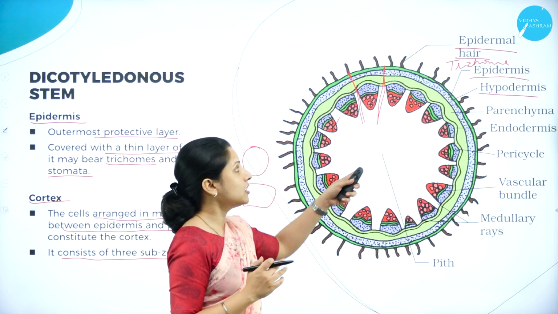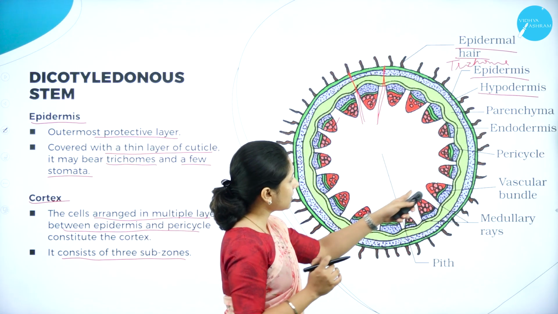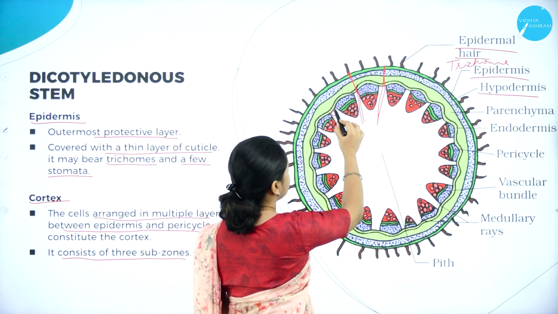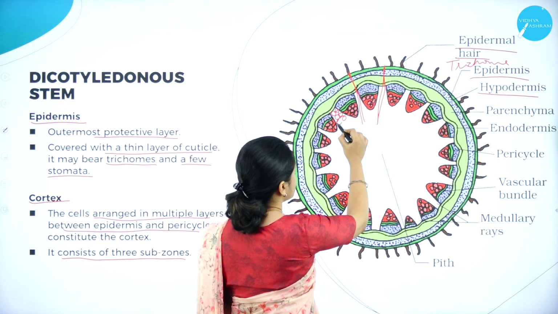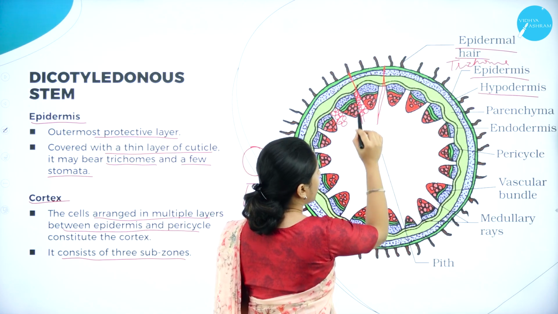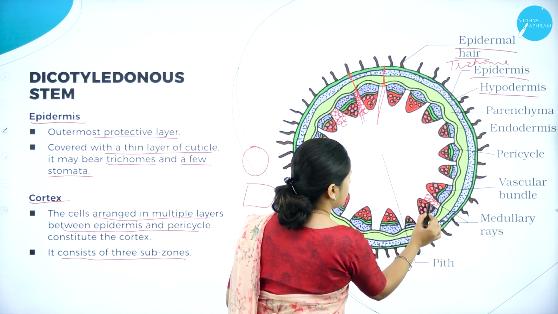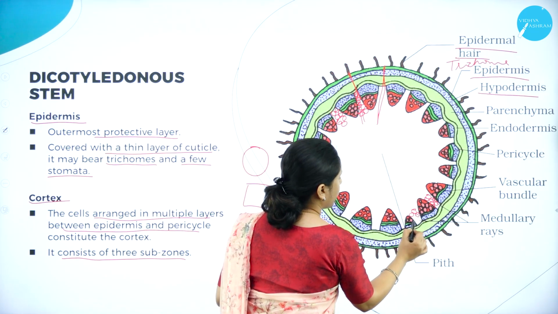You can see they are arranged in the form of a ring. In between these vascular bundles, the parenchyma cells are arranged like this, forming a ray-like structure, which is nothing but the medullary rays.